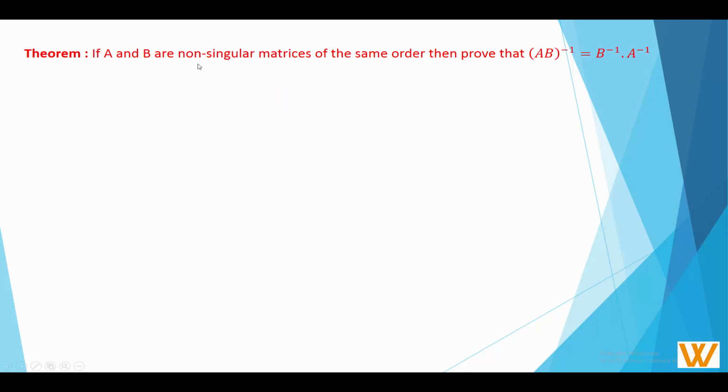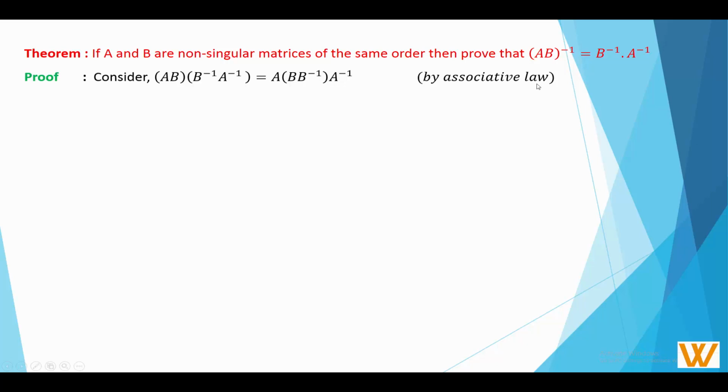If A and B are non-singular matrices of the same order, then prove that AB inverse equals B inverse into A inverse. Given A and B are non-singular matrices. Proof. Consider AB into B inverse into A inverse. Apply the associative property. Write a bracket for the middle two terms: A into B into B inverse into A inverse.